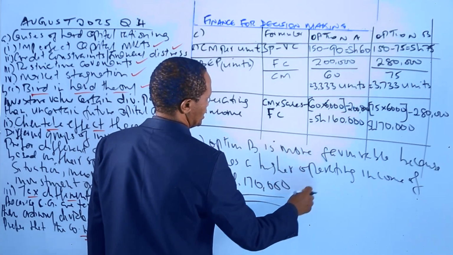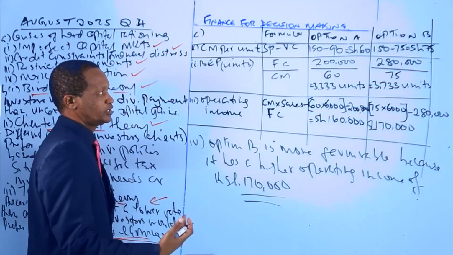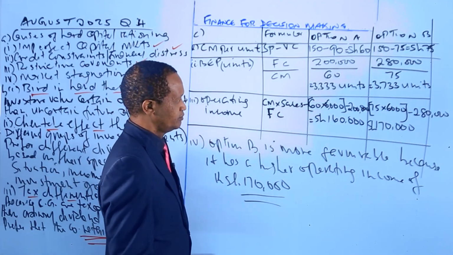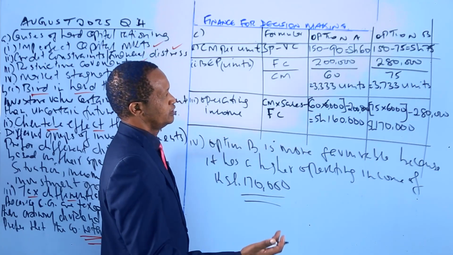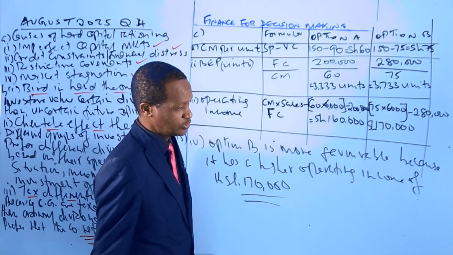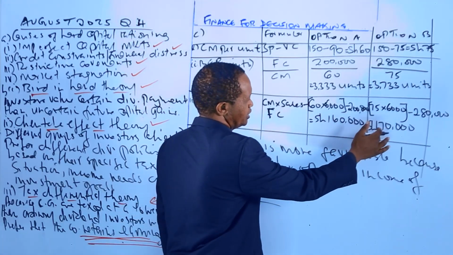You see, this one is higher than the 160,000, because companies are in business to make more income. It's better to take the one that promises a higher operating income.